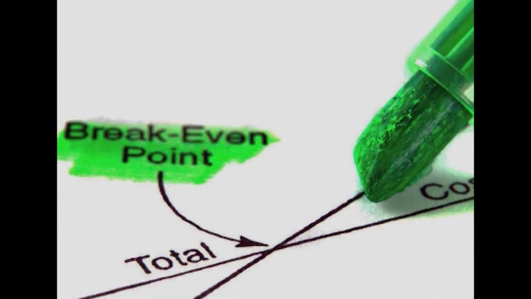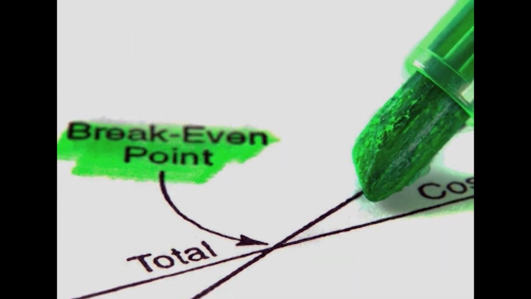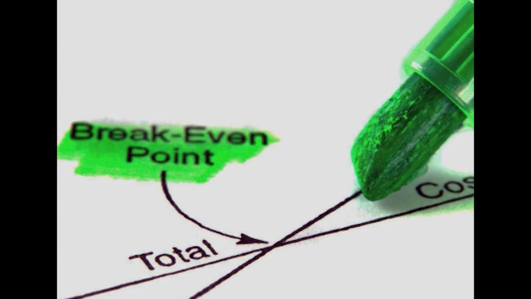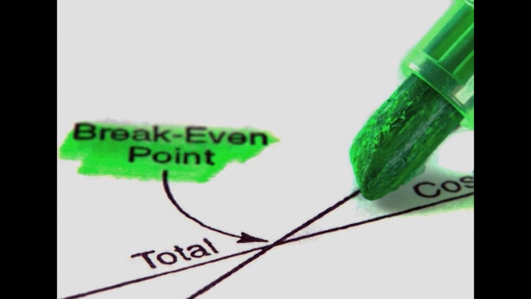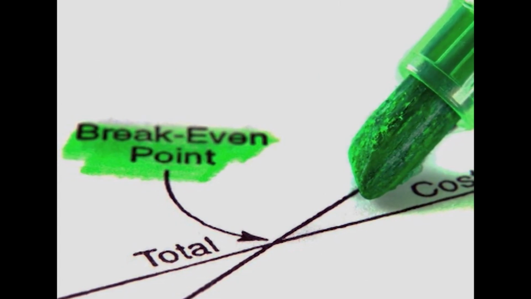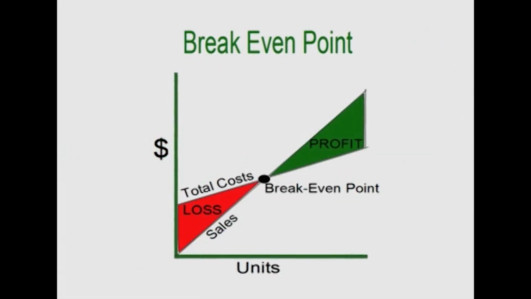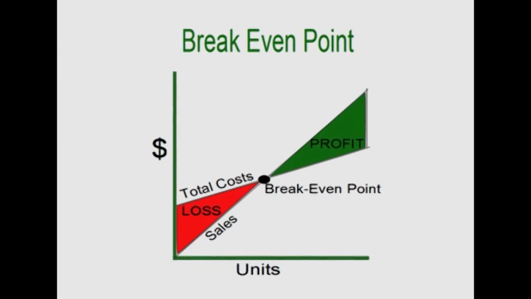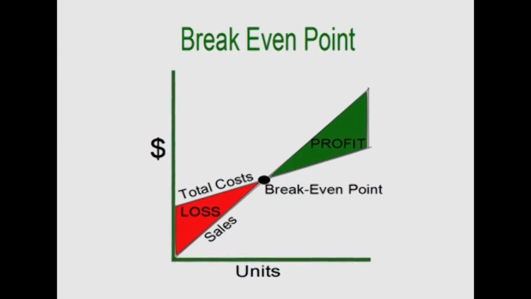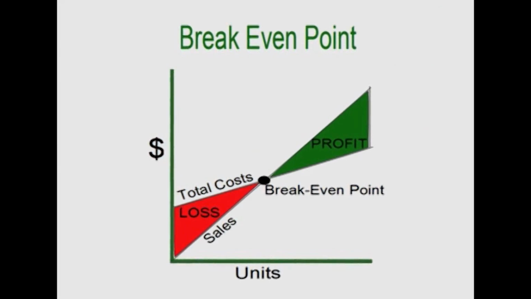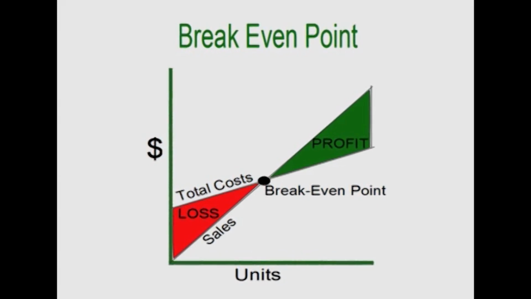This is a point at which loss ceases and profit begins. This is a point where income is exactly equal to expenditure. Break-even point is a point where the total sales are equal to total cost. At this point, there is no profit or loss in the volume of sales.